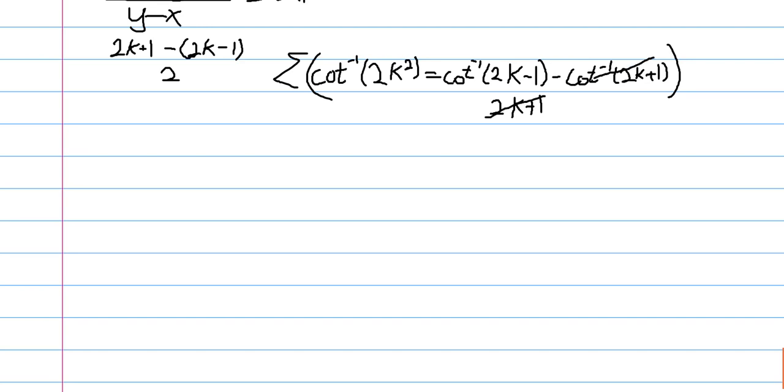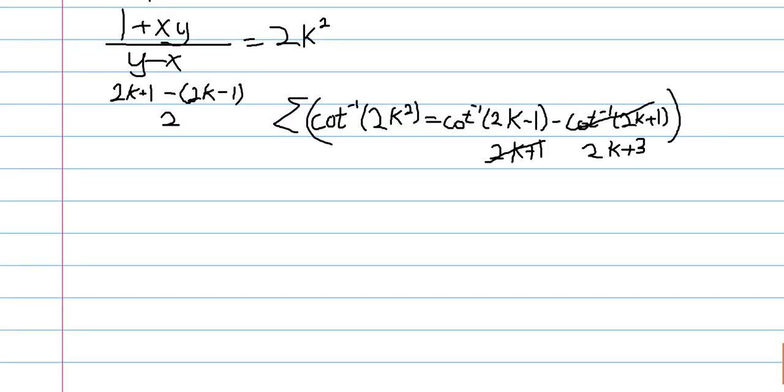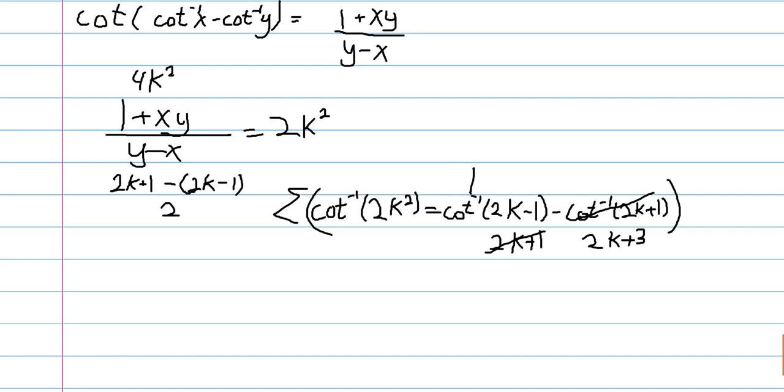That will cancel with the negative term previously, and then we get a 2k plus 3. And so on and so forth. So we're left with this initial one, which corresponds to k equals 1. So 2k, or 2 minus 1, is just the cotangent inverse of 1.